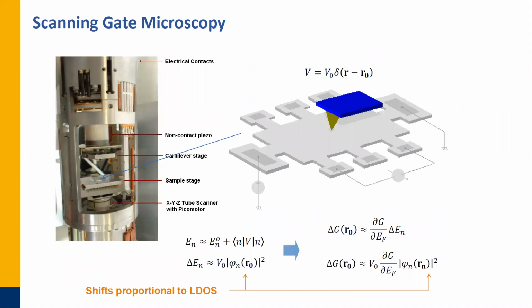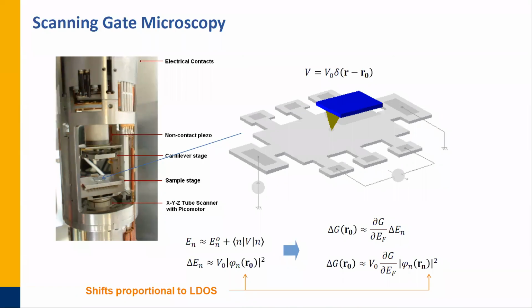Now, the technique of scanning gate microscopy is used to probe this kind of device. This is my two-dimensional material, and it's shaped like a Hall bar structure, so I can do electrical measurements. On top of this material, I use my scanning probe tip, and it is electrically charged.